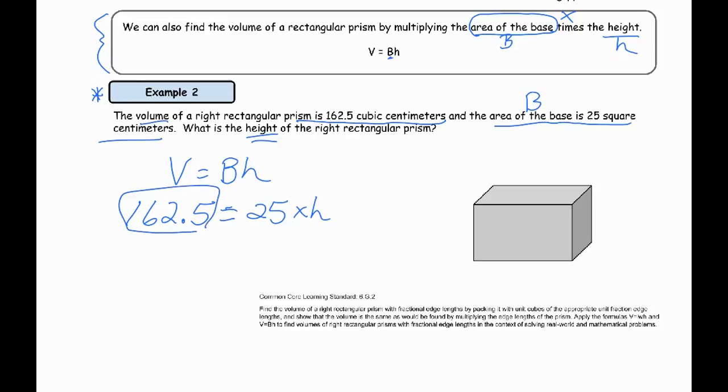And this is my total and I'm given a part and I need to find the other part. I can go ahead and write it if it helps you see it better this way. We can write it this way. I'm really just dividing 162 and 5/10 divided by 25. And our total is 6 and 5/10 centimeters.